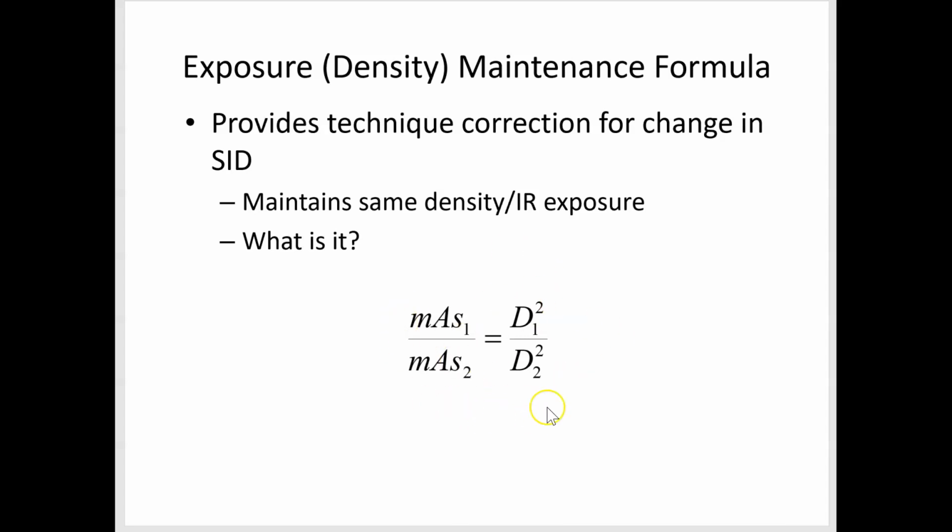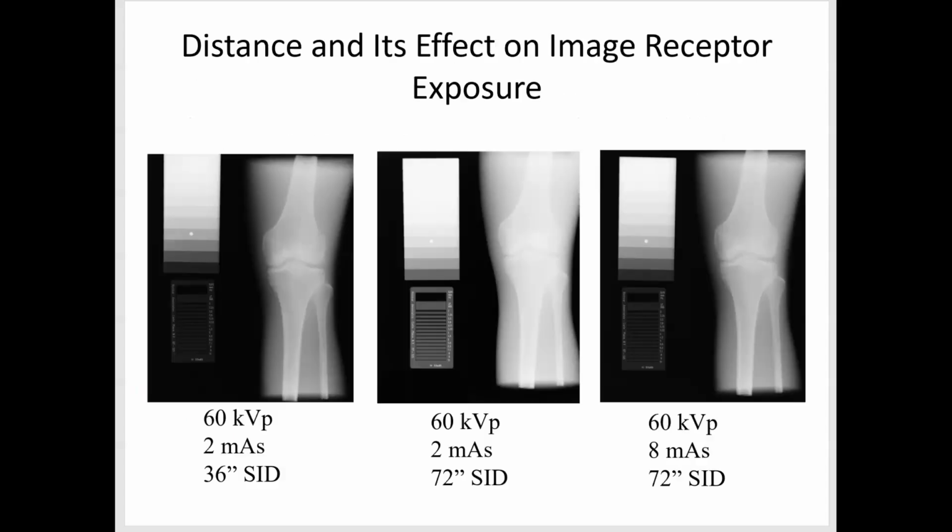And you would use the direct square law: mAs1 over mAs2 equals D1 over D2. And don't forget to square it. Notice that your primary factors are both on top, and the secondary factors are both on the bottom. I don't know if that'll help you recognize when to use which formula, but hopefully it will.